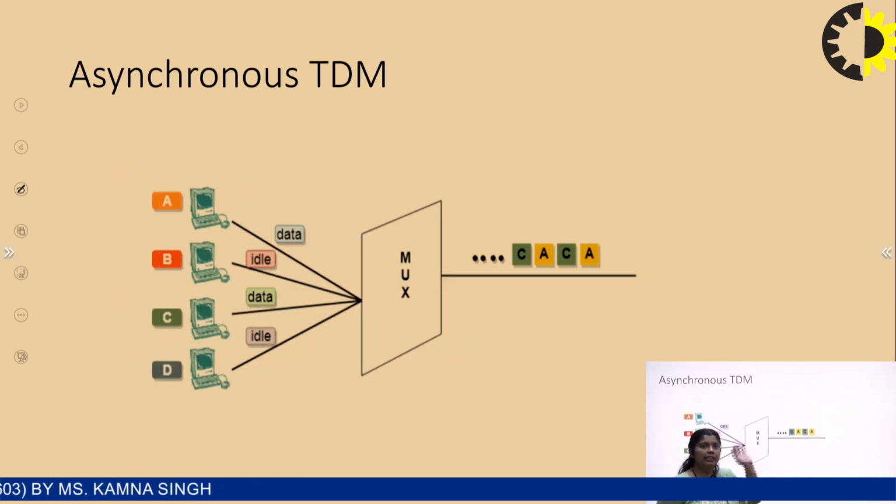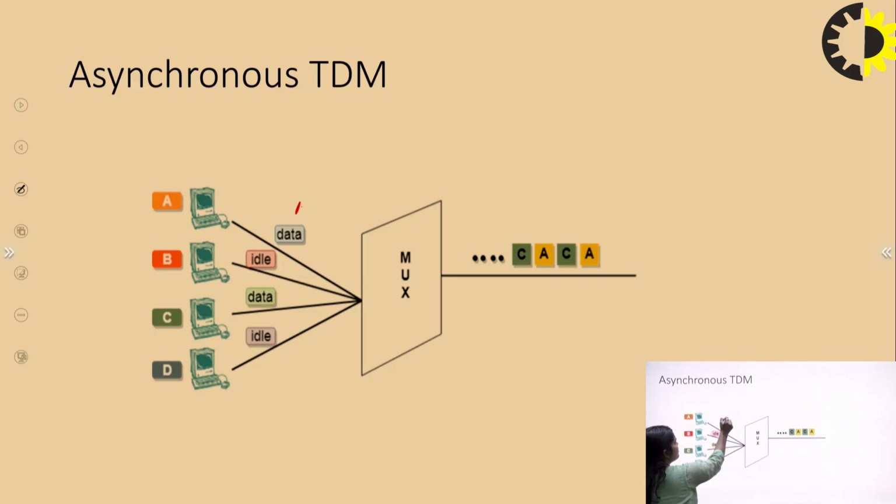Fine. So in the asynchronous TDM, suppose A, B, C, D are there, and at this particular time, A has generated the data A1 and these three are idle. At that moment, by default, there is no dependency between the time frame slots and the particular stations.